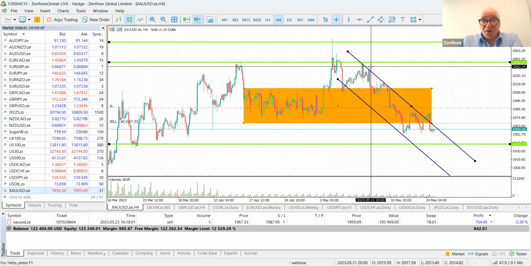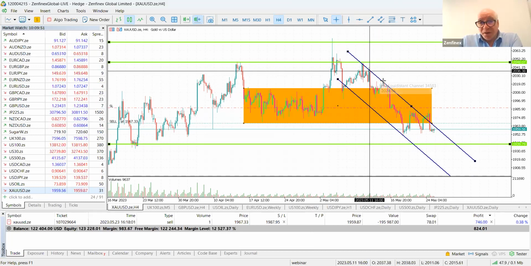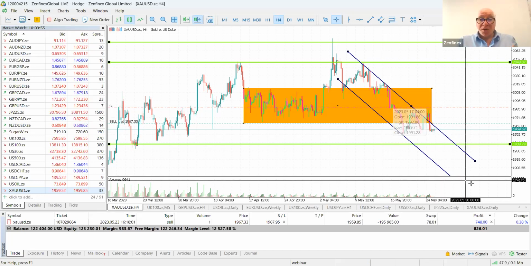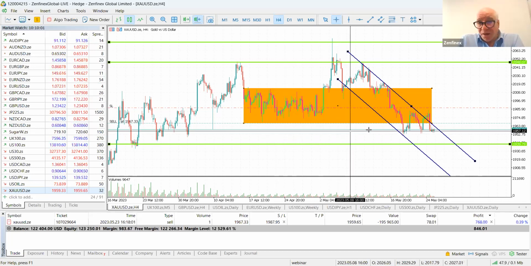First sign of weakness. And every time it tried to get higher, it couldn't. And that's when we started developing the idea that we really want to see how we can get into this particular trade from a selling perspective.